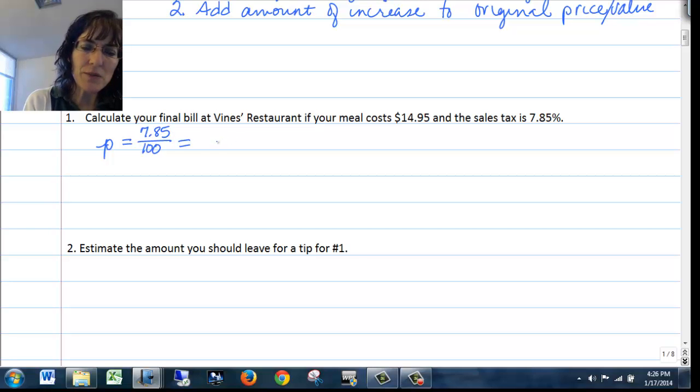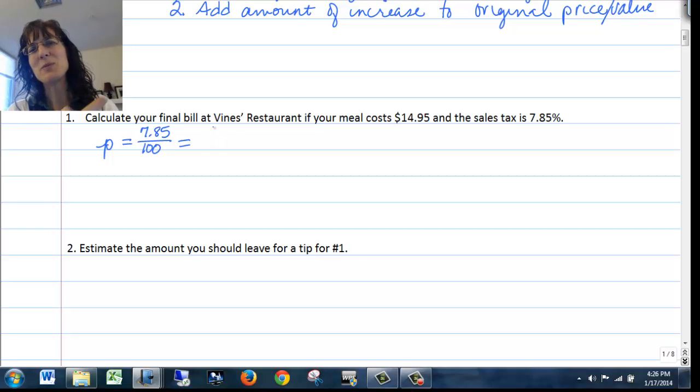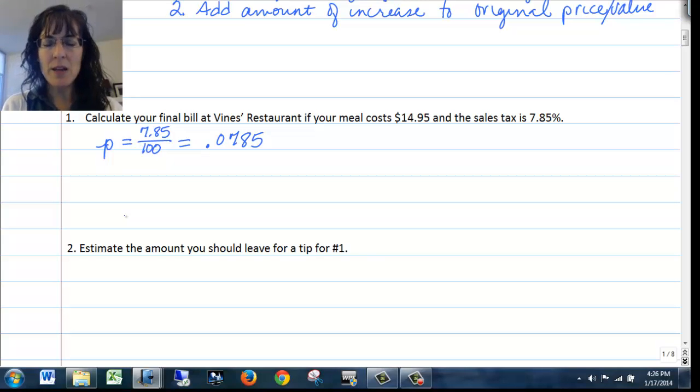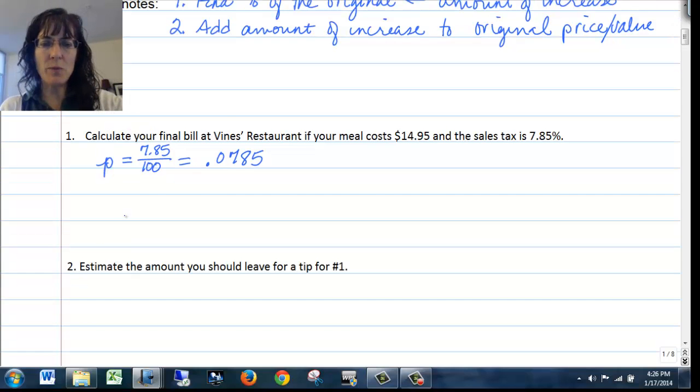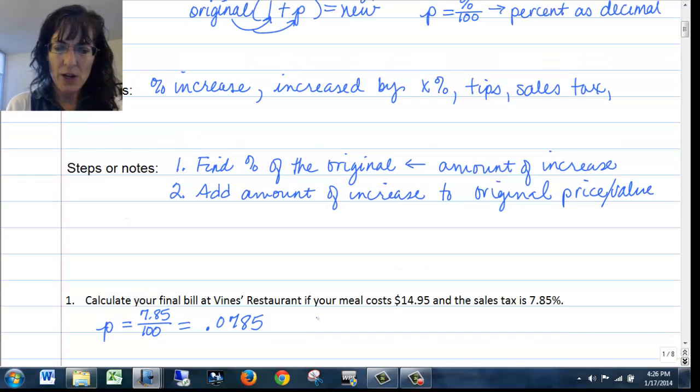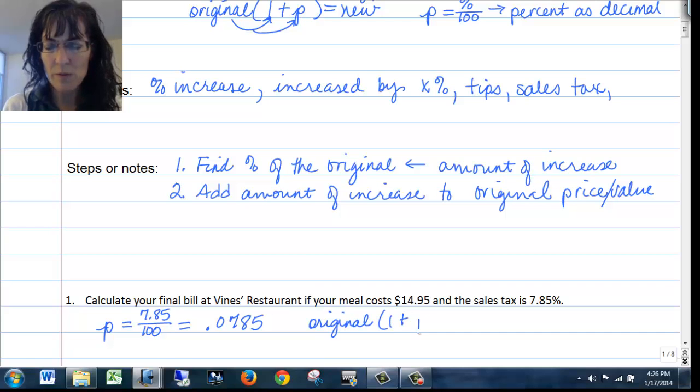And when I do that division, remember it just moves my decimal 2 places left, so I'll have 0.0785. And then for the rest of my formula, scroll back up here a little bit, there it is. So we have original times 1 plus little p, the quantity, equals new.